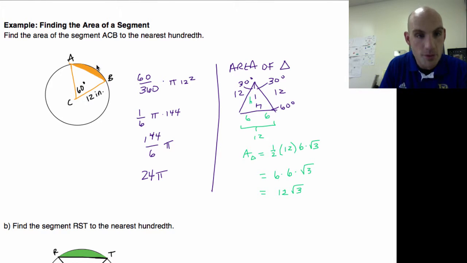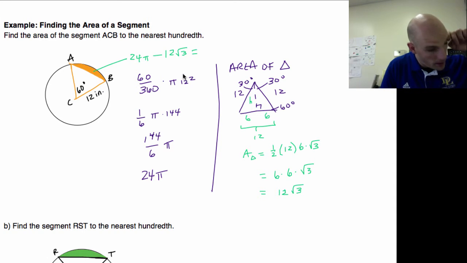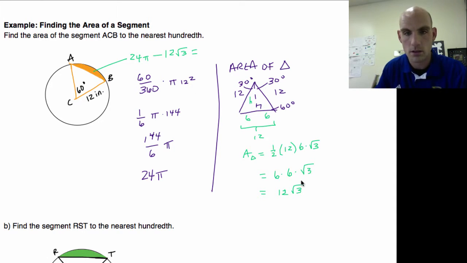So my answer to this part right here is going to be 24 pi minus 12 root 3. My bad, that should be 36 root 3. You guys are probably going, what is he talking about?